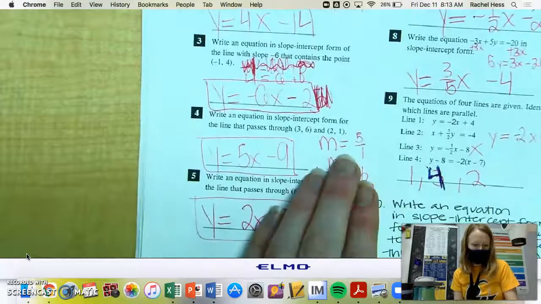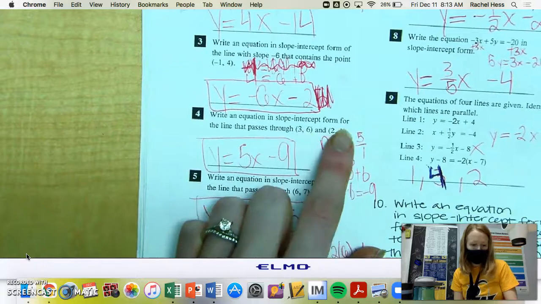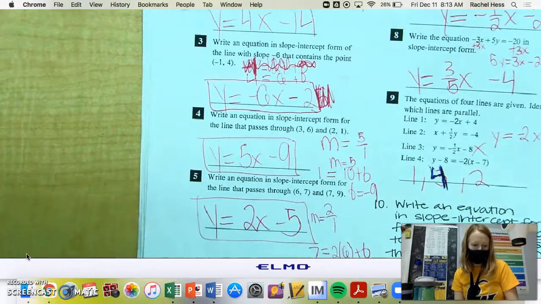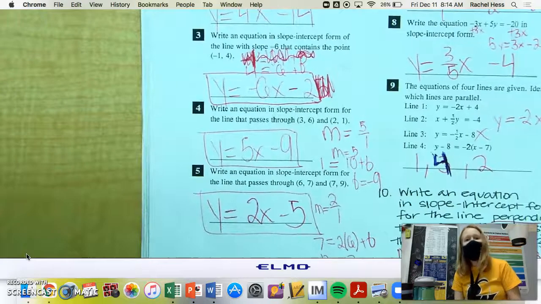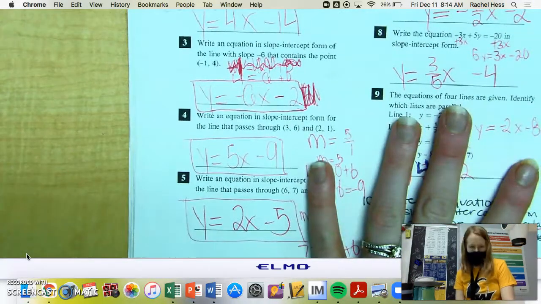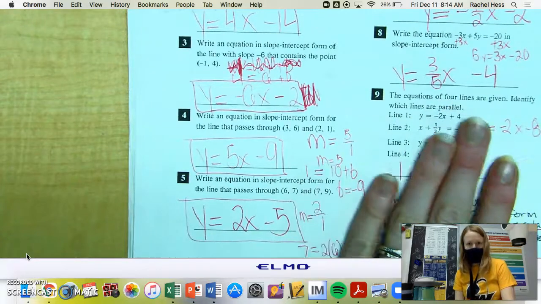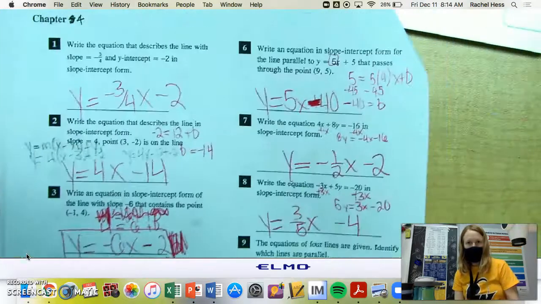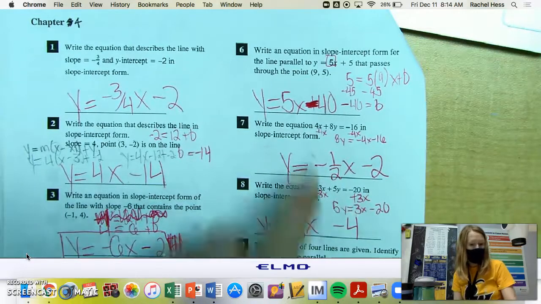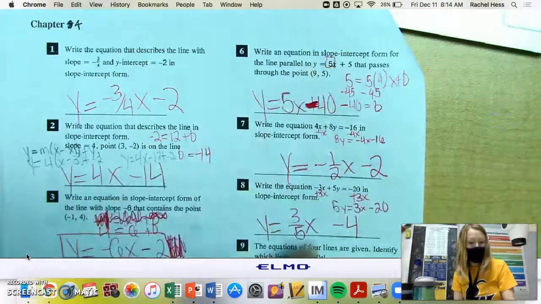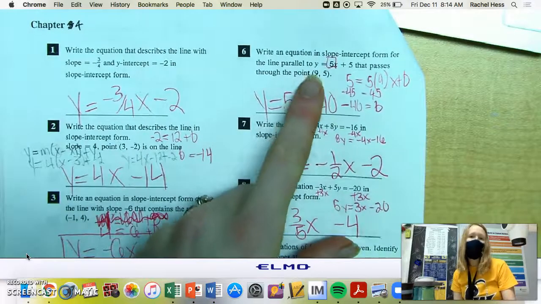But first, here you had to find the slope, so the change in y is 5 over 1. And then you had to find your y-intercept. Number 6 was about parallel lines. Remember, parallel lines have the same slope, so you're going to steal your slope and then probably use point slope form.